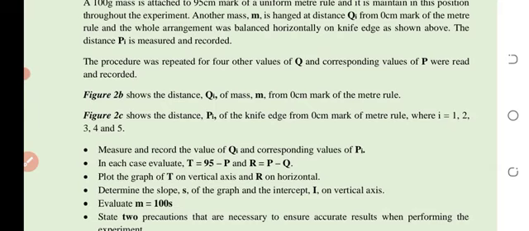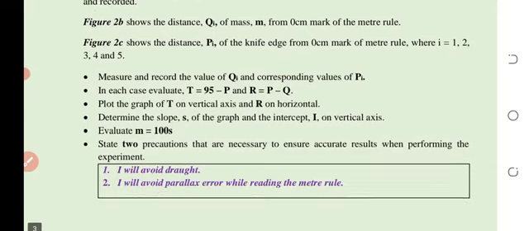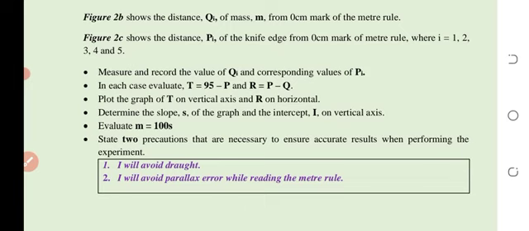So, what are the instructions given to us? We are to measure and record the value of Q and the corresponding value of P. In each case, we have to find T, which is equal to 95 minus P, and R, which is equal to P minus Q.